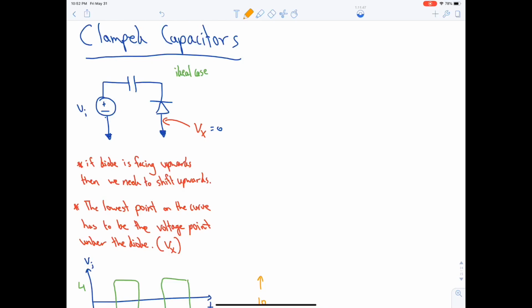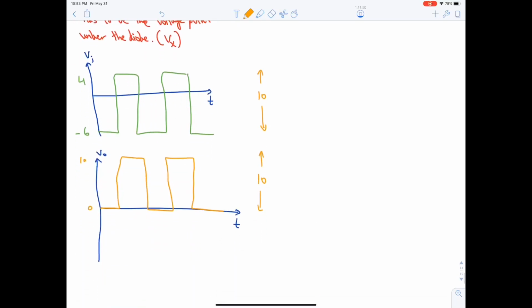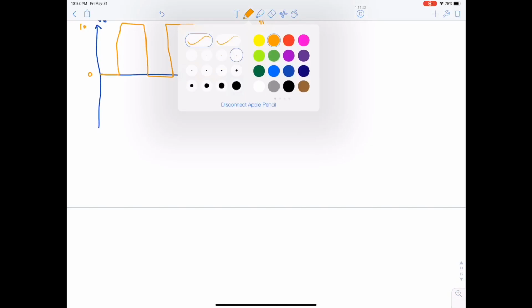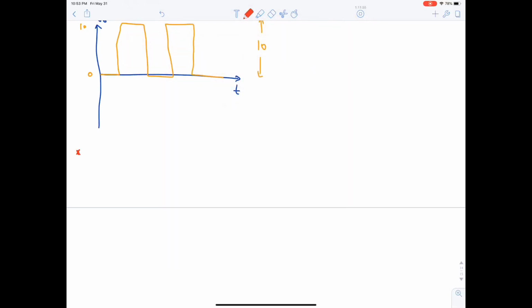Now, that's only for the ideal case, by the way. If the diode was non-ideal, then we need to start from Vx, let's say Vx plus 0.7.